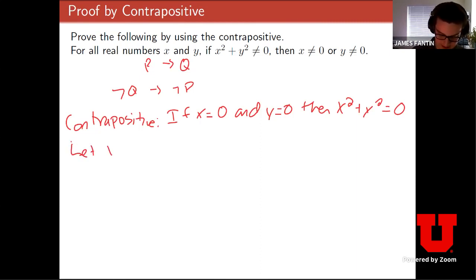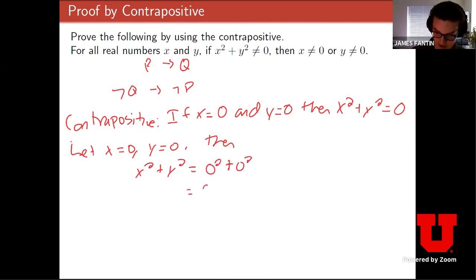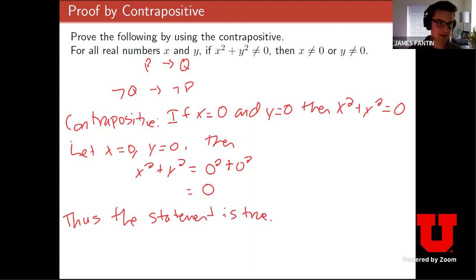Let x equal 0, y equal 0. Then x squared plus y squared is 0 squared plus 0 squared, which is 0. Thus, the statement is true. If the contrapositive is true, then the original statement is true.